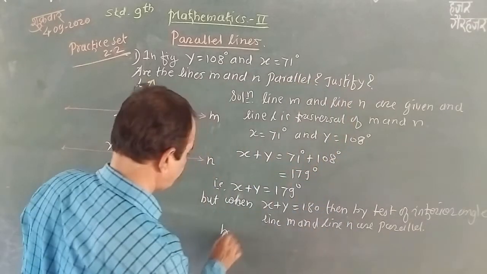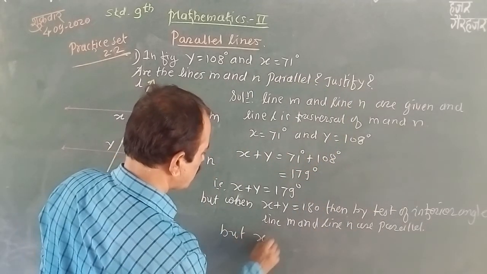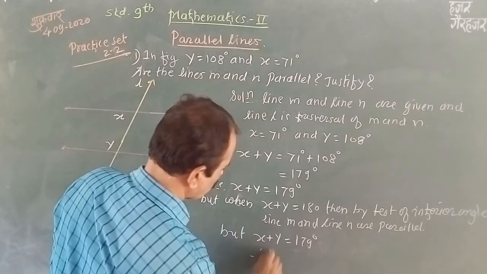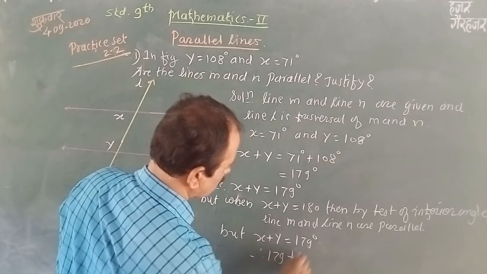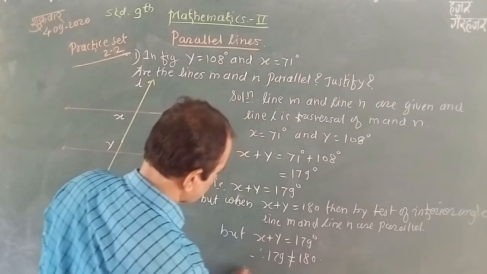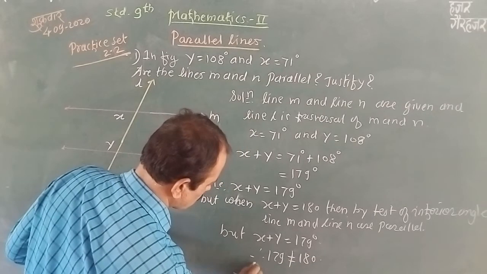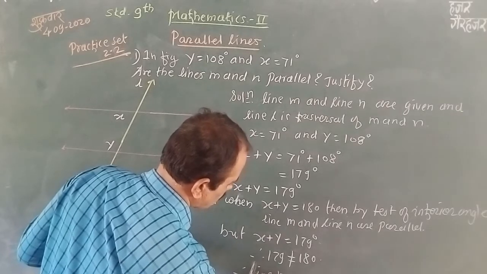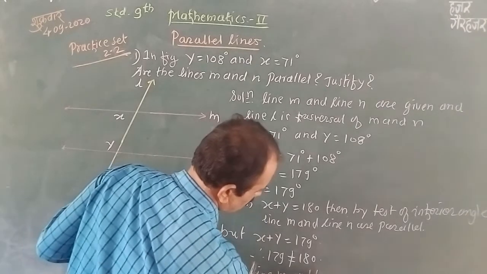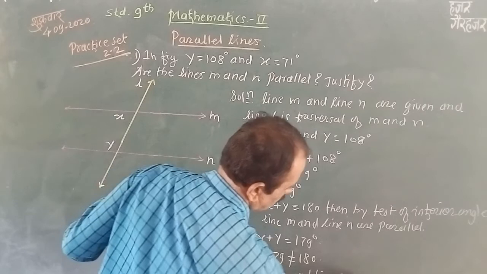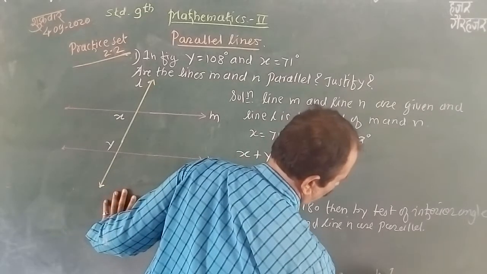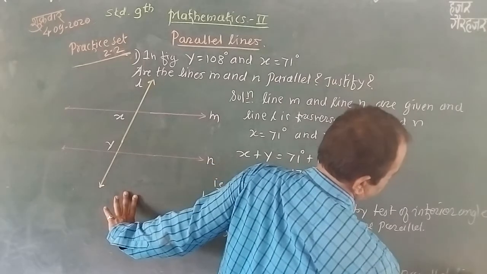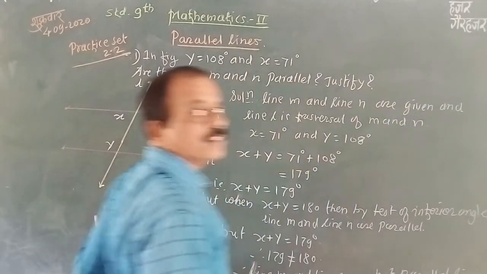But x plus y is equal to 179 degrees. Therefore, 179 is not equal to 180. Therefore, the given lines, line m and line n, are not parallel lines.